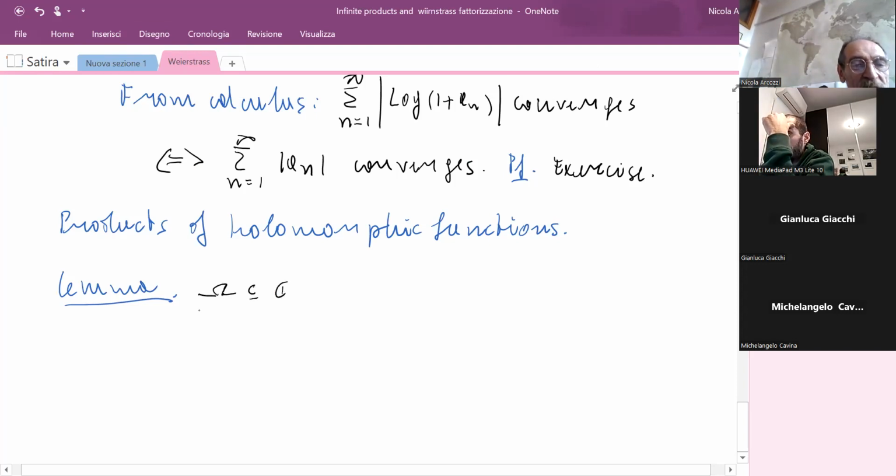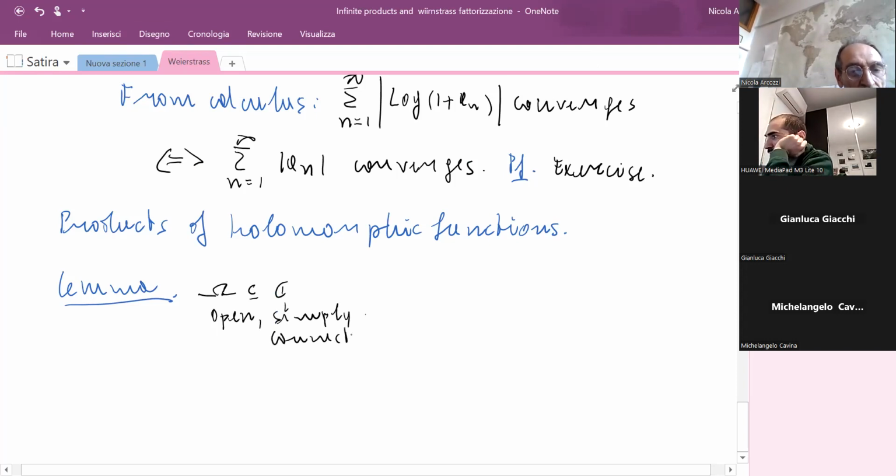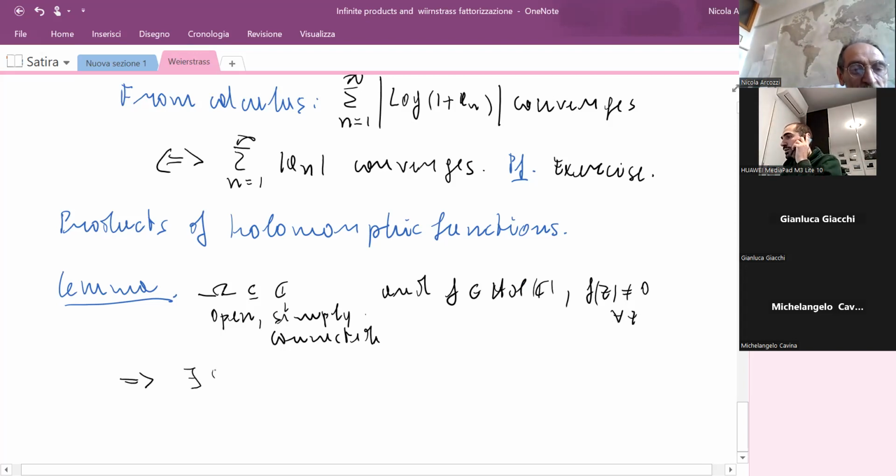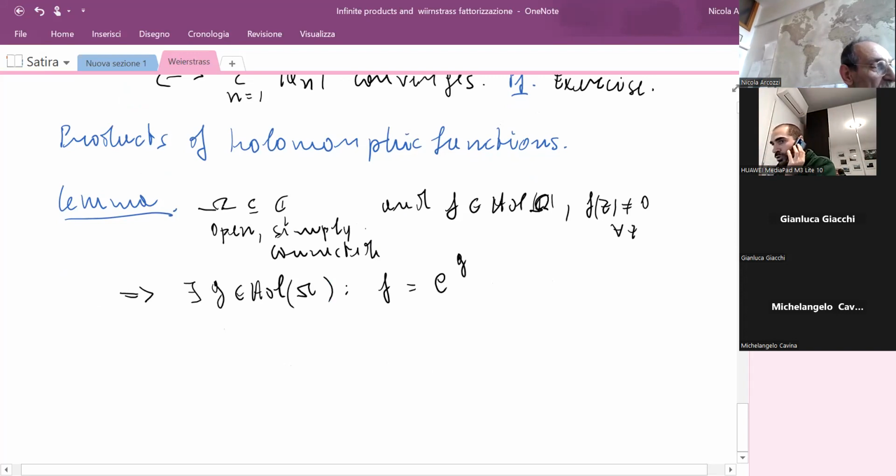So if omega in C is open, simply connected, and the function f is holomorphic in omega and different than 0 for z, then there exists a function g holomorphic in omega, not in C, so that f can be written as the exponential of g. So, the existence of a logarithm.